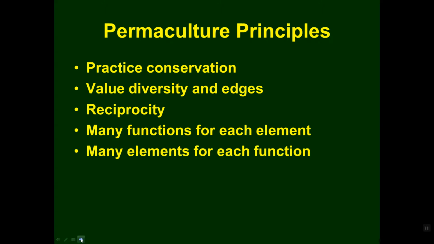There would be many elements for each function. So, for example, let's say the function that you are trying to design is water conservation. You wouldn't just have water that comes from the city, and that's one way you're conserving it: don't use too much water, take shorter showers, don't leave the water on while you're brushing your teeth. But also, you might have rain barrels for rain catchment off of your roof.